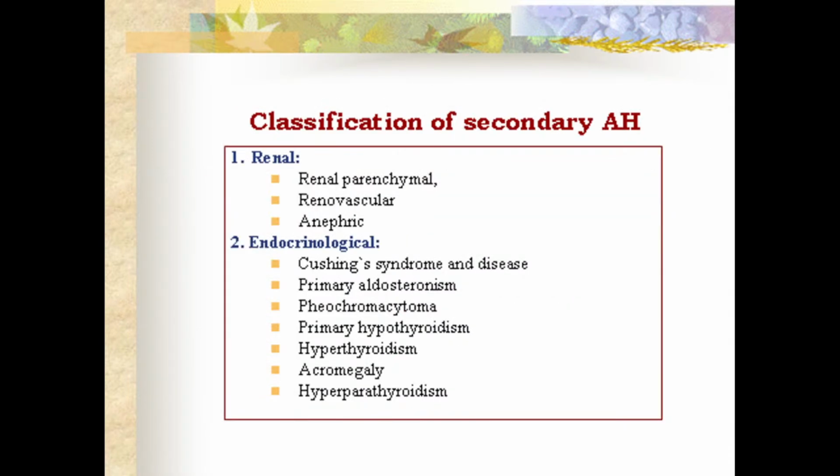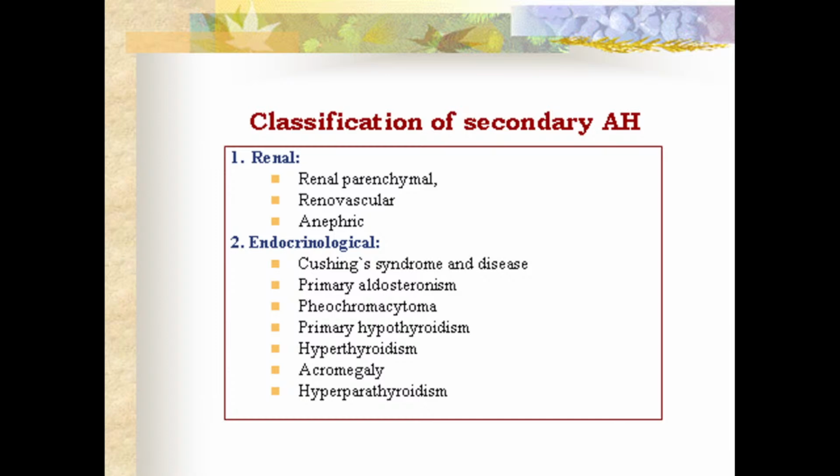Now let us revise the classification of secondary arterial hypertension. I think that everything is very clear, and the first group of causes of secondary arterial hypertension are associated with kidney problems, renal problems.